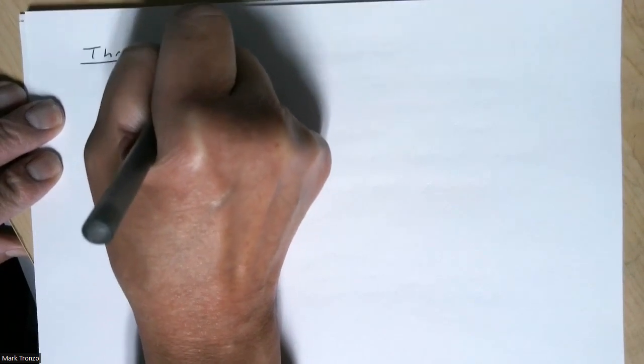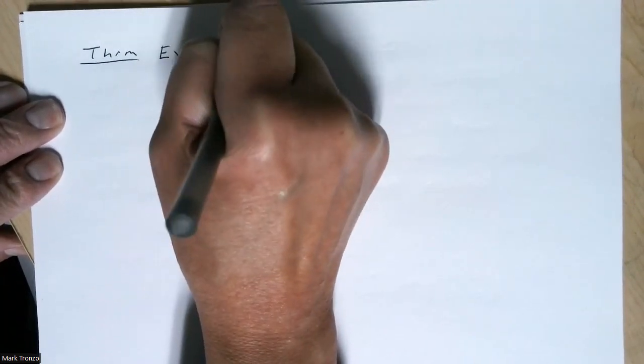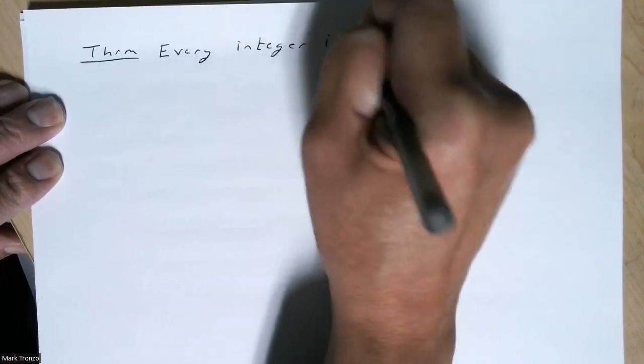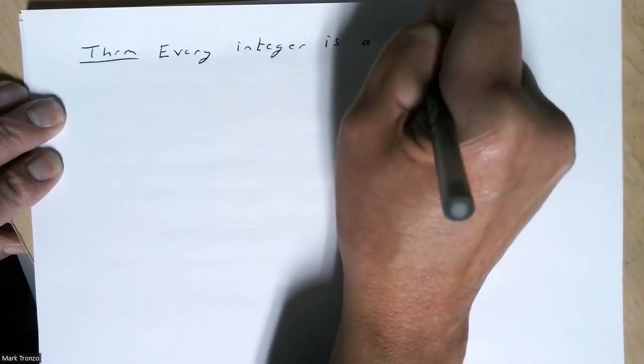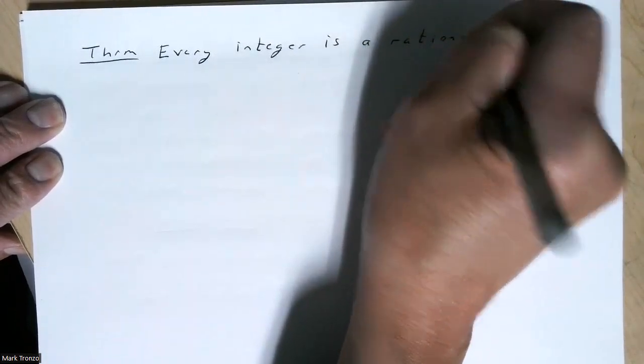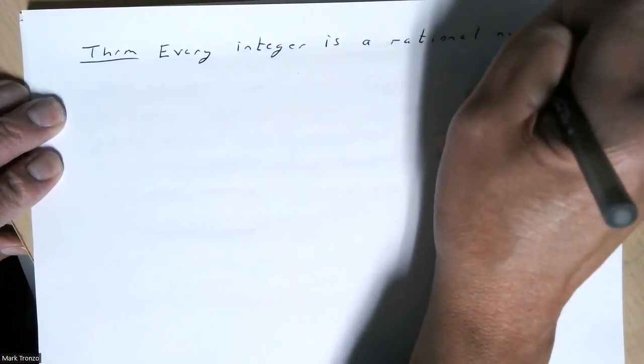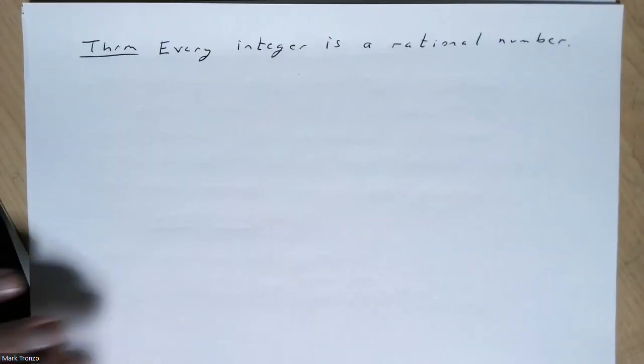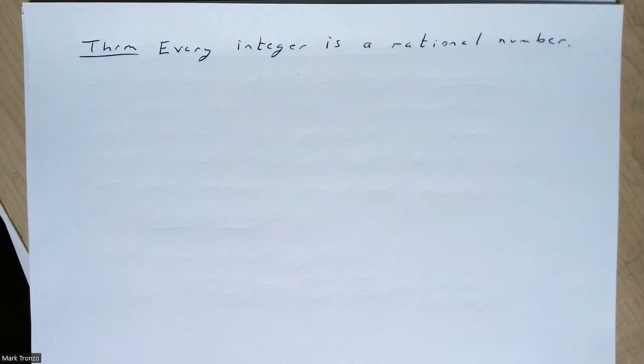And as we saw a minute ago, and this is actually a theorem, every integer is a rational number. Because as we saw with 5, we can always write that integer over 1.